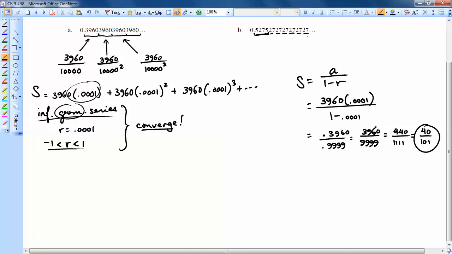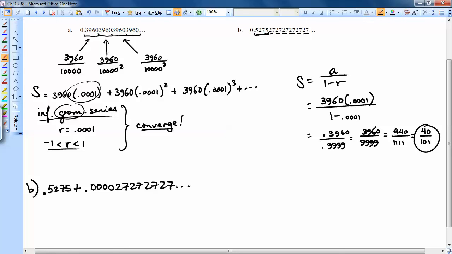So the way this one works is you actually have to separate out the 0.5275 from everything else first. So 1, 2, 3, 4 zeros, and then 27, 27, 27, 27.